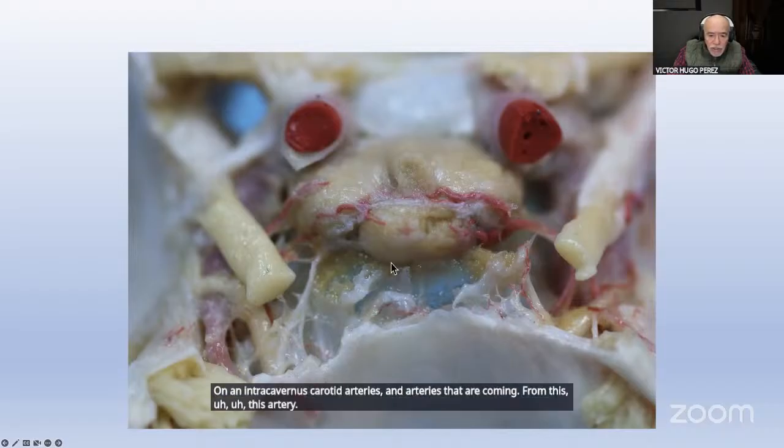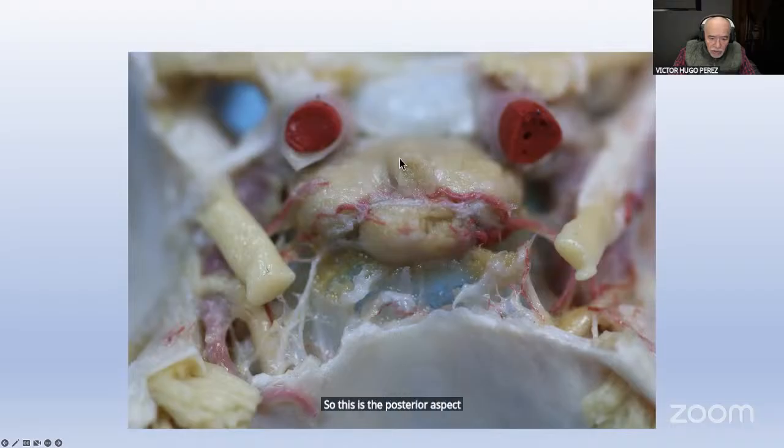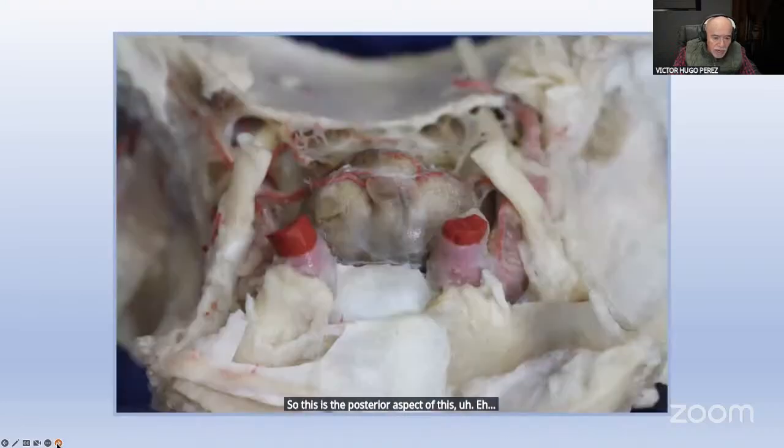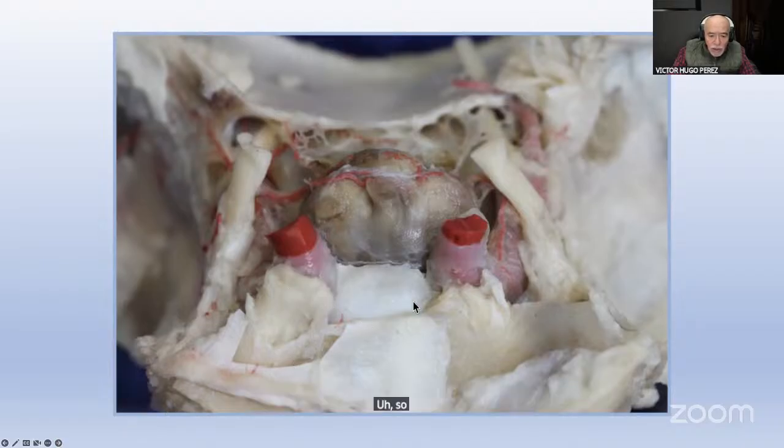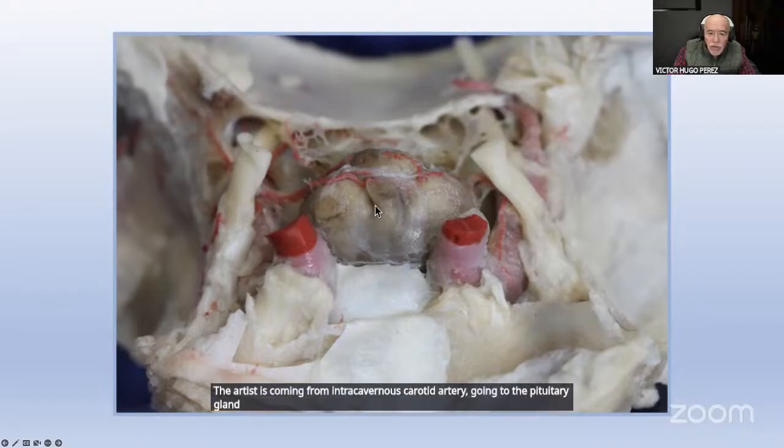So this is the posterior aspect of this pituitary gland. This is a superior view, and we can see the anterior aspect. Here we have both optic nerves, supraclinoid carotid arteries, the arteries coming from the intracavernous carotid artery going to the pituitary gland.